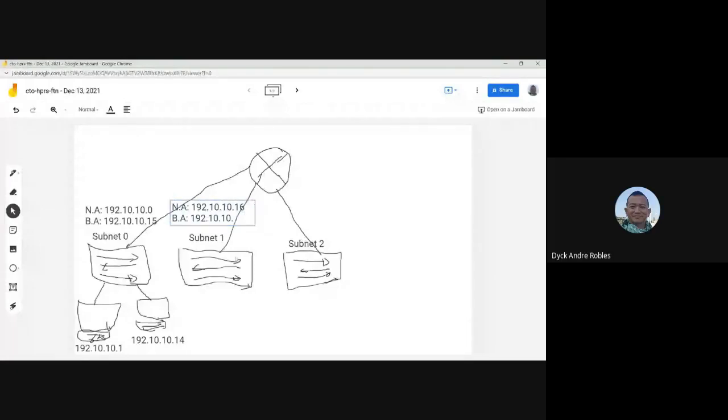So, what is our first usable IP here? Let's copy the drawing and put a computer here. So what is the IP here? 192.10.10 dot what is the first usable IP in subnet 1?